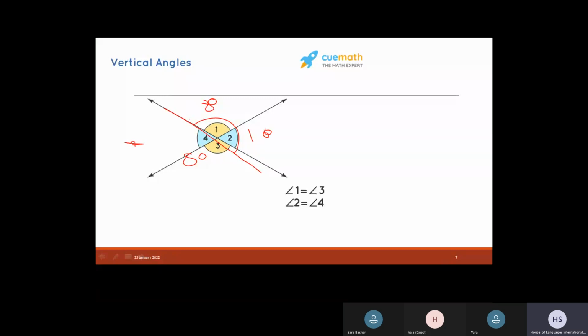And if this is 100, the opposite one will be 100. I said because they are vertical, they are equal. So if angle 1 is 80, angle 3 will be 80. This is how you find it.